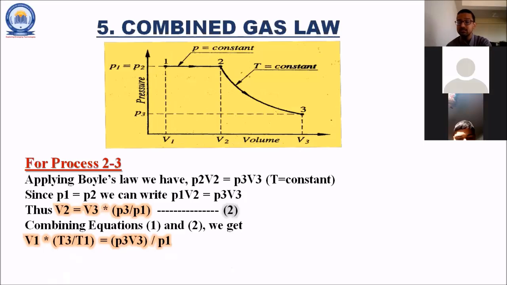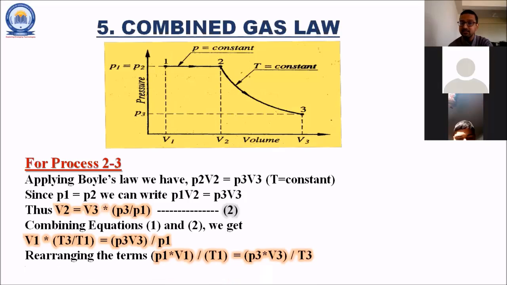I hope you are understanding the points. Now taking the 1 terms on one side and the 3 terms on the other side and rearranging, we get P1 V1 upon T1 is equal to P3 V3 upon T3.